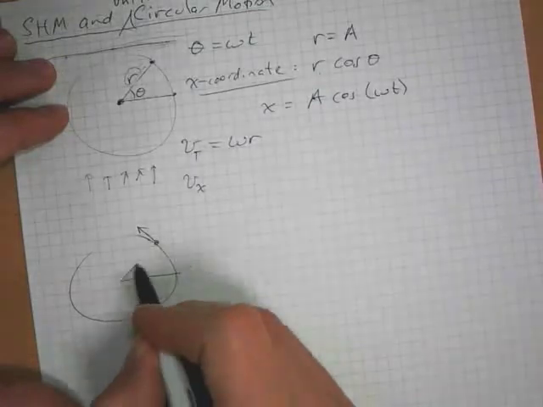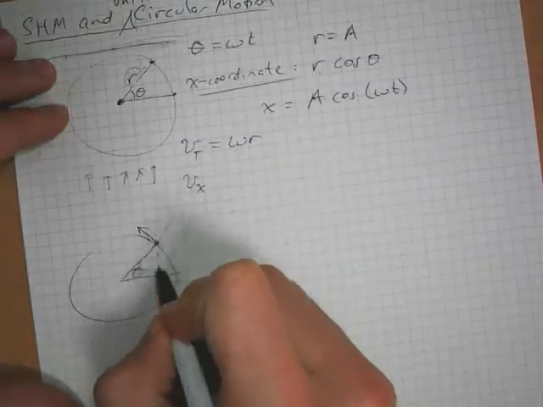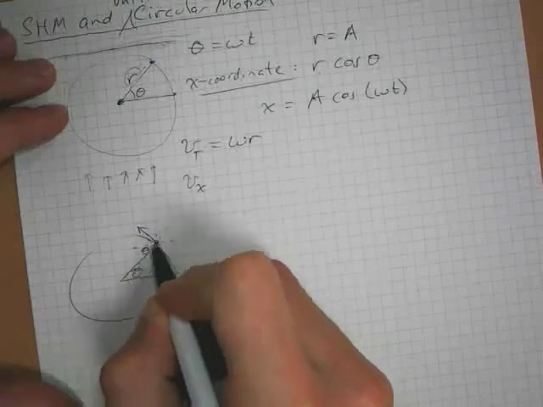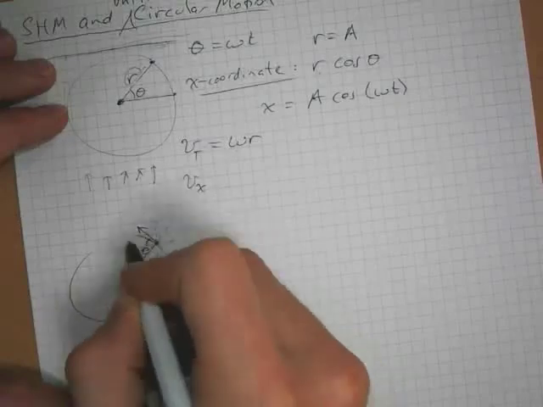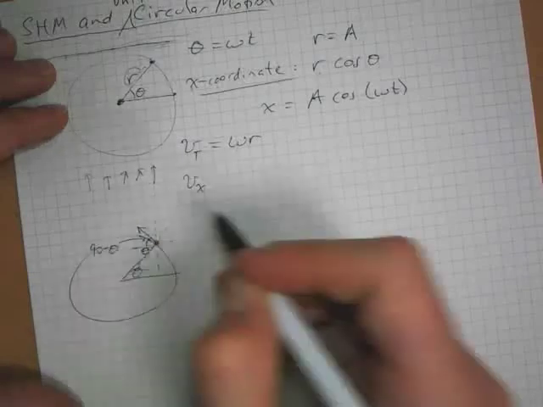We've got this as our theta. Well, if we draw in a set of imaginary axes, these two angles here are alternate interior, so this is also theta, meaning that this here is 90 minus theta.